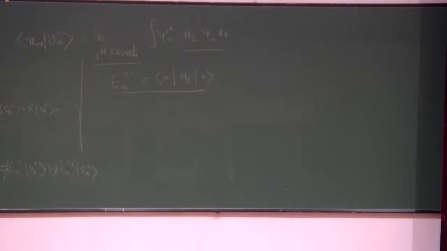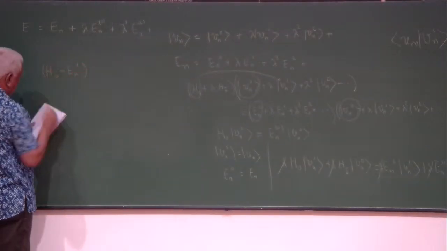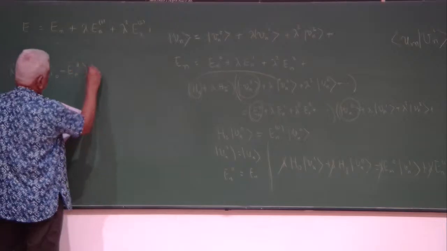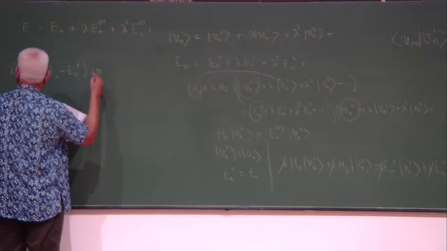So I will write down for lambda power 1 explicitly: H naught minus En0 acting on Vn1. This is what I have been writing.